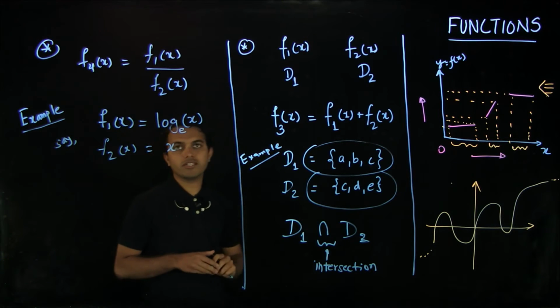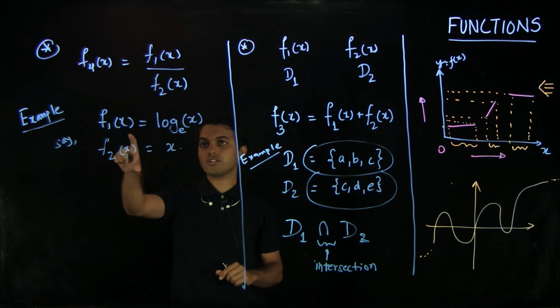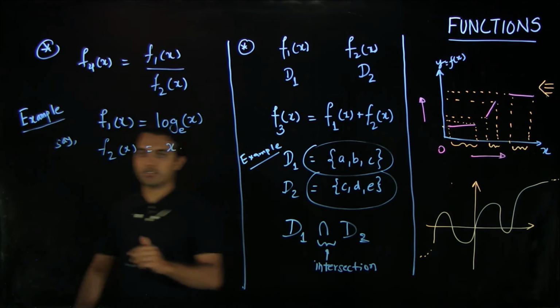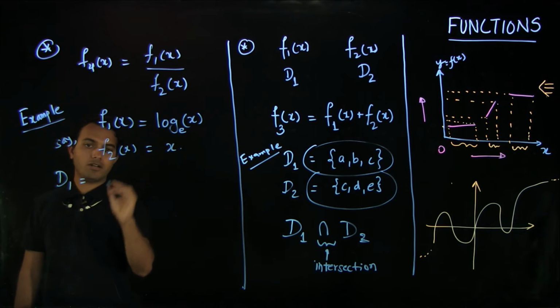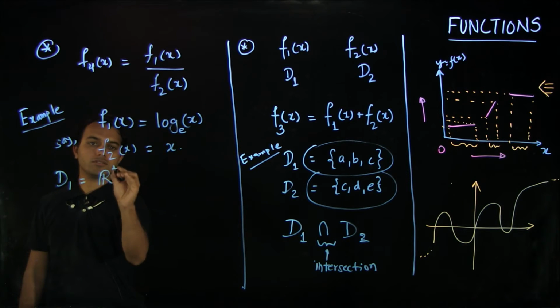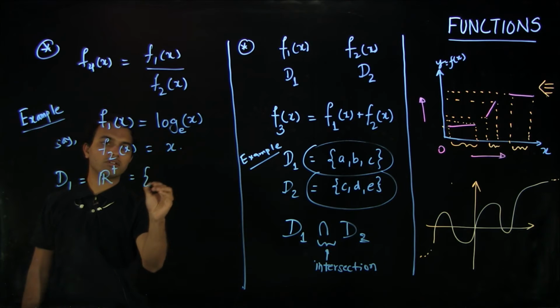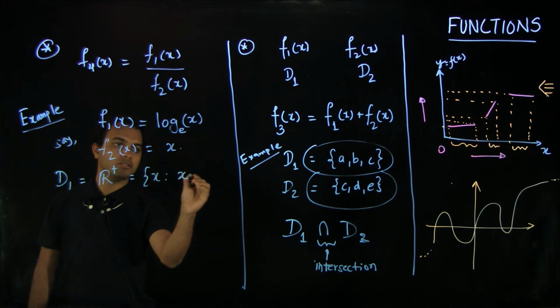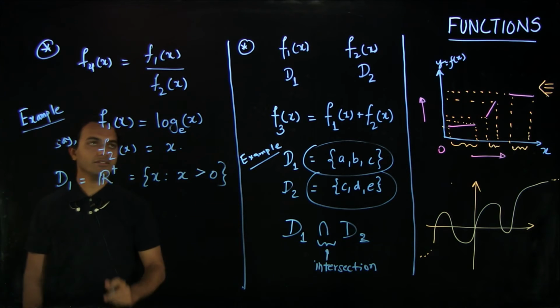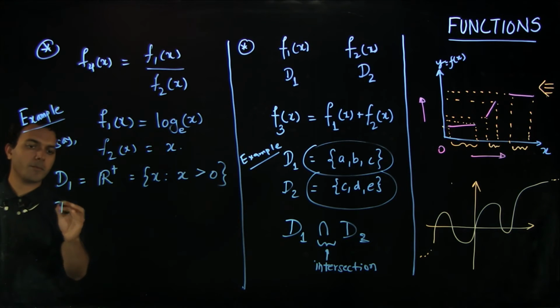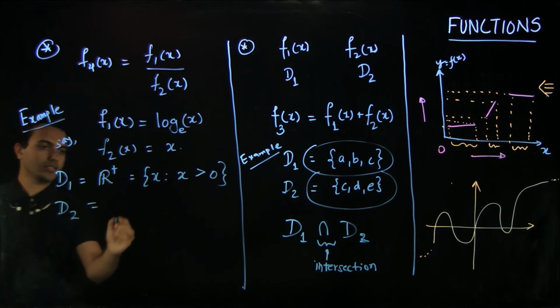So first we need to figure out what the domain D1 and D2 is for each of these functions. So D1 is positive reals, which is equal to x such that x greater than 0, and D2 is all real numbers.